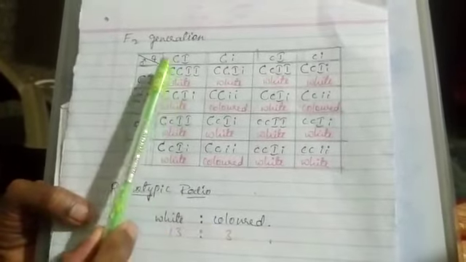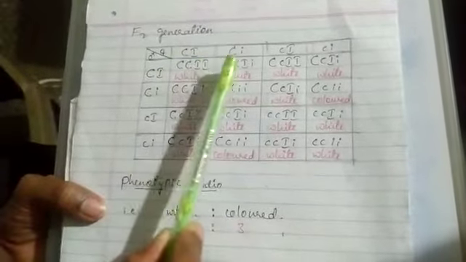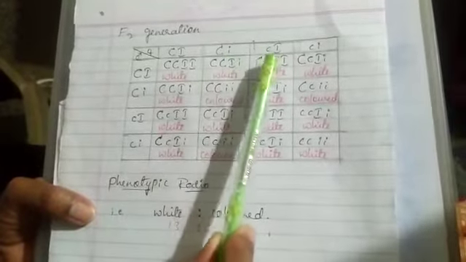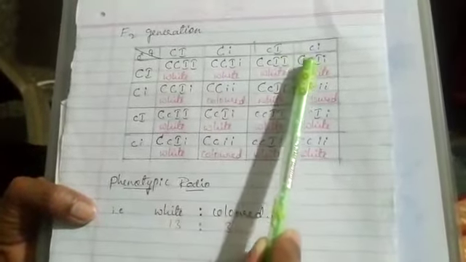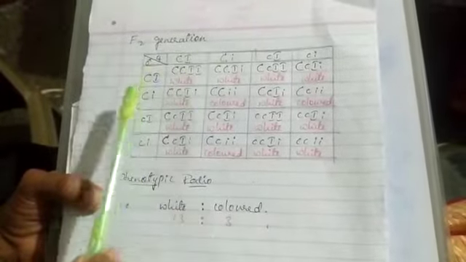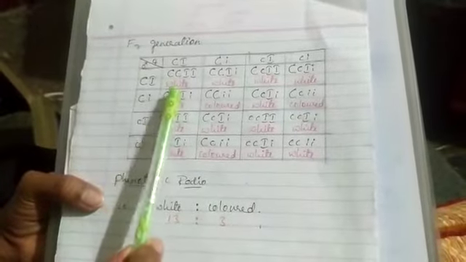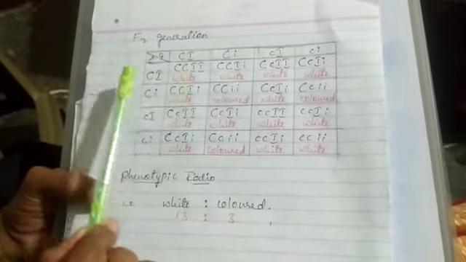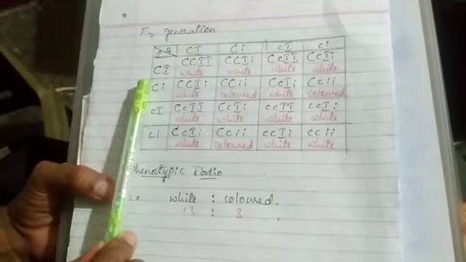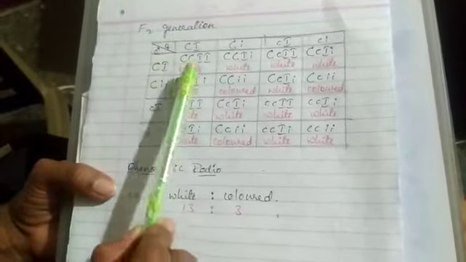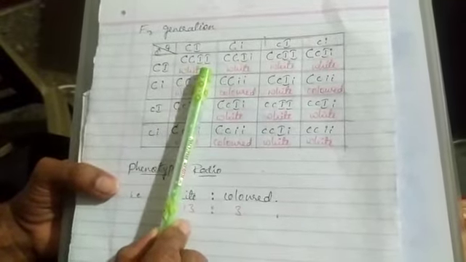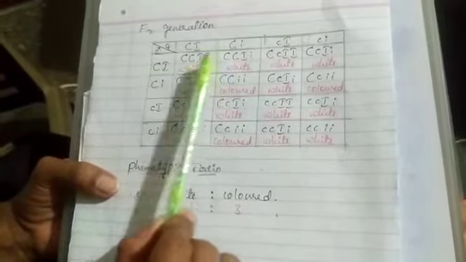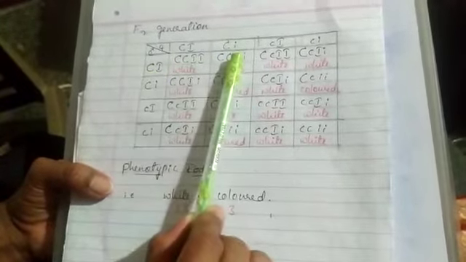The first gamete capital C, capital I, crossed with the gametes gives capital C, capital C, capital I, capital I. Next is capital C, capital C, capital I, small i.